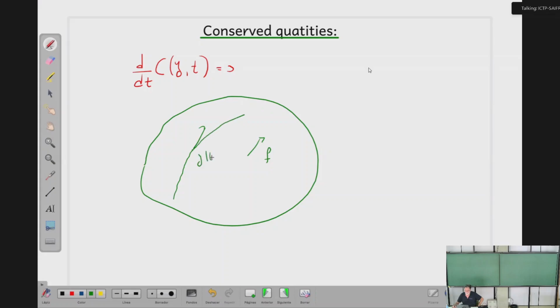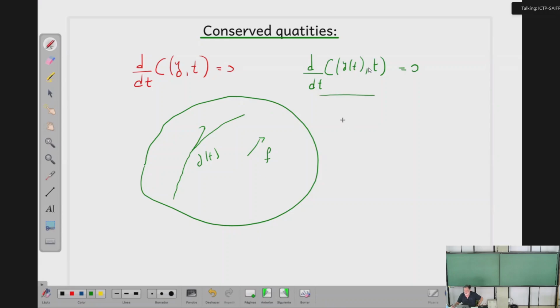y of t. And you say that when you move along y of t, so you take C of y of t, and then take the total derivative, this is equal to 0. And notice that this way I define it, I use the solution, but I can write this in a different way.